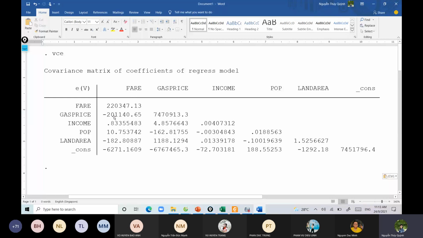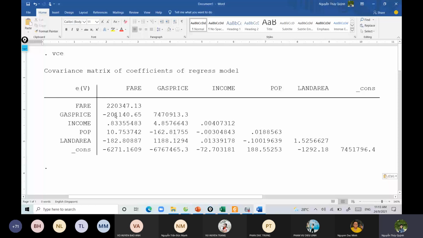And here we have gas price and above we have fair, which means that this is the covariance between the beta hat of fair and the beta hat of gas price.